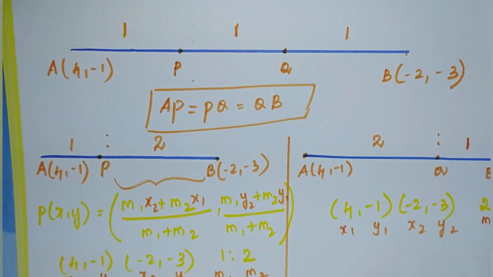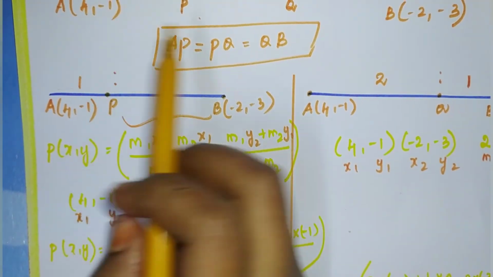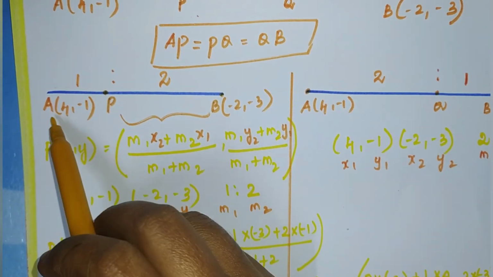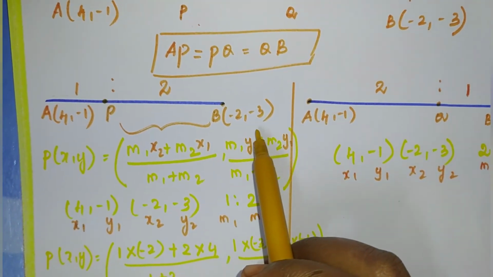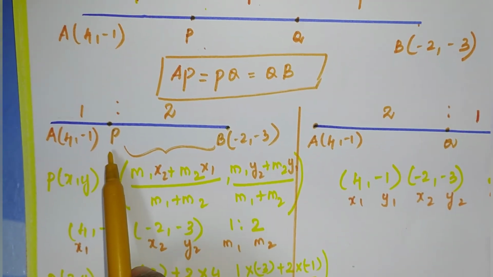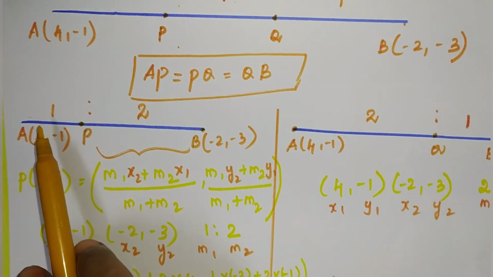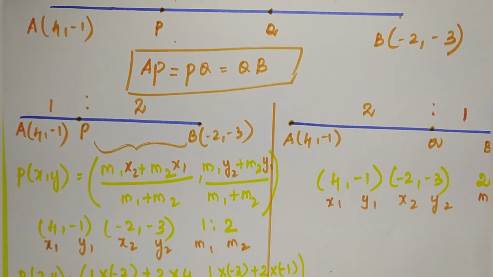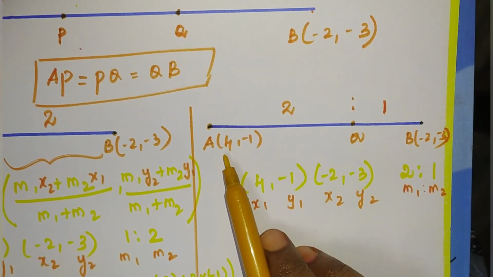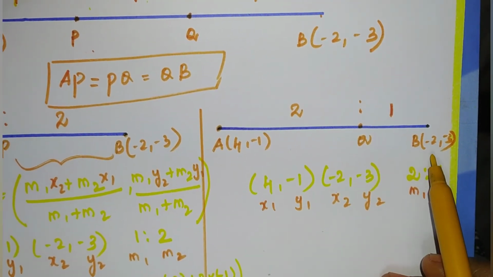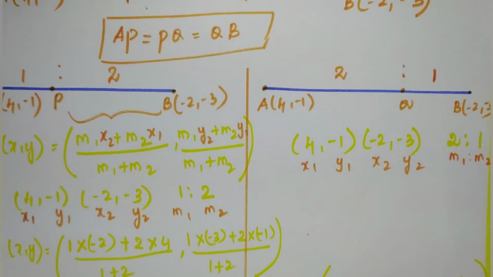First I am going to find the point P, where A is 4 comma minus 1 and B is minus 2 comma minus 3. We can find the point P easily, in the ratio 1 is to 2. Then find Q, with A as 4 comma minus 1 and B as minus 2 comma minus 3, in the ratio 2 is to 1.